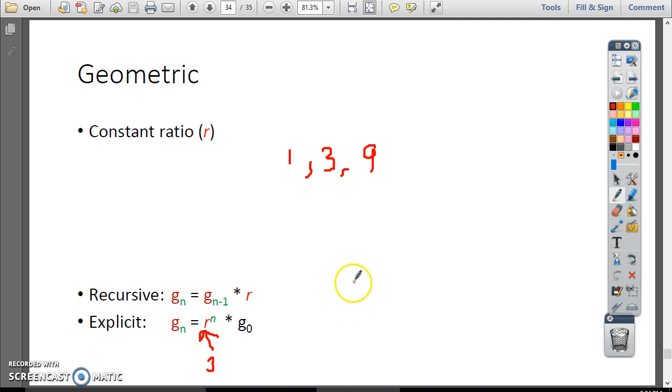So let's say I wanted to find the 7th term. Okay? I wanted to find the 7th term of this sequence. Okay. So then our n value, our n, is 7. So that n is essentially the number iteration that we want. Okay? However we want to think of it.